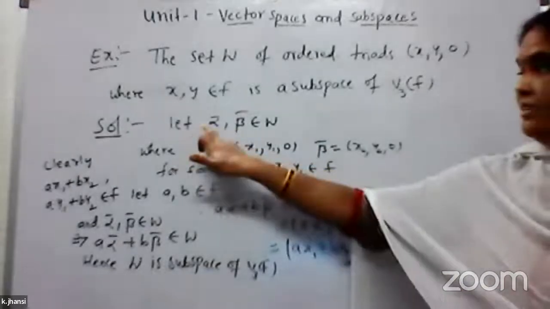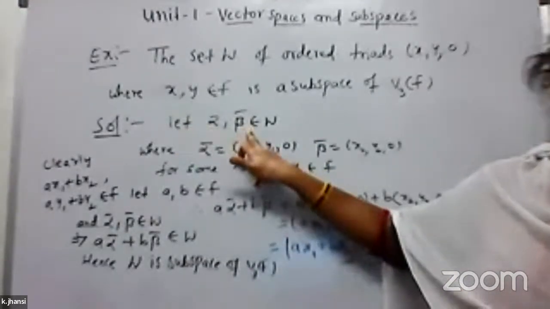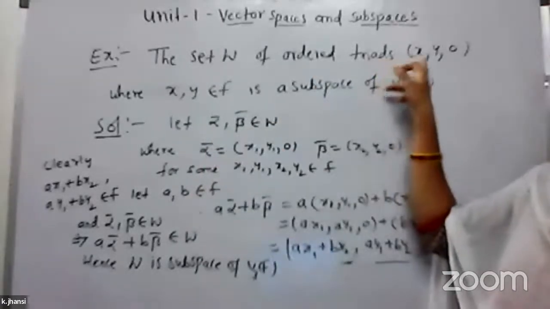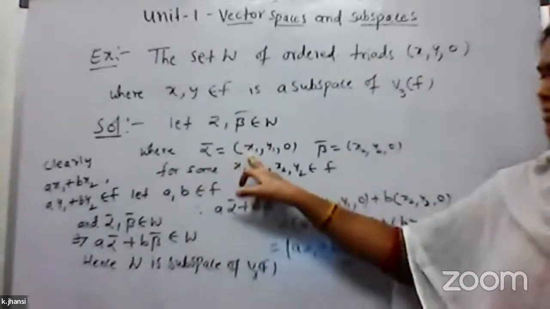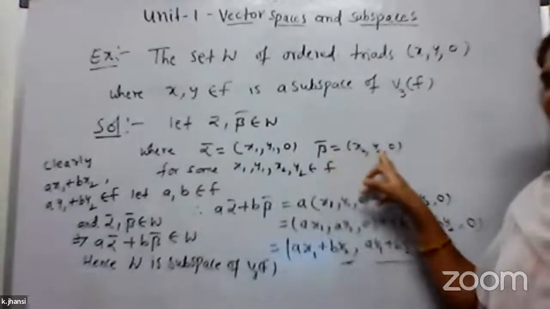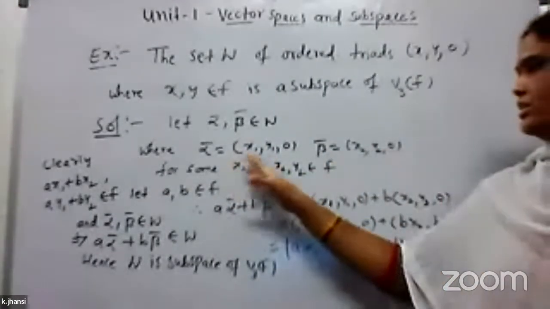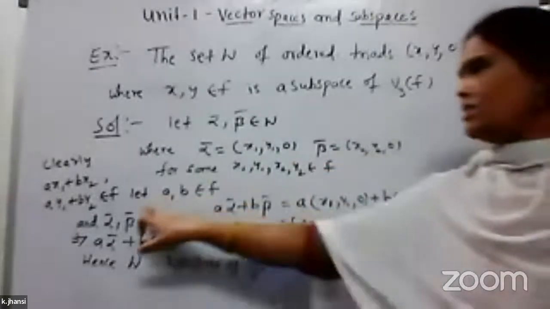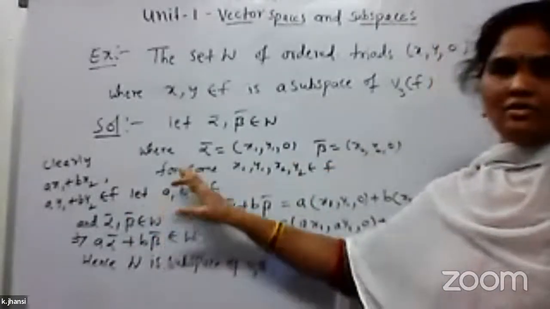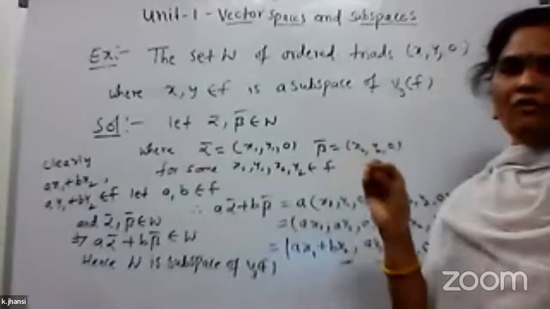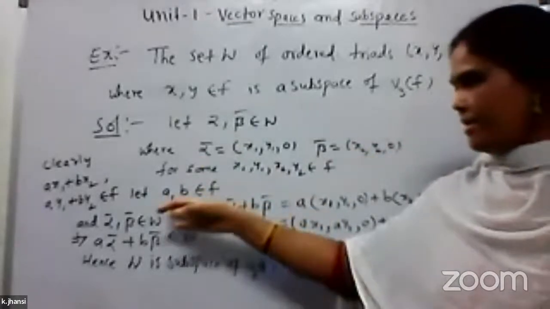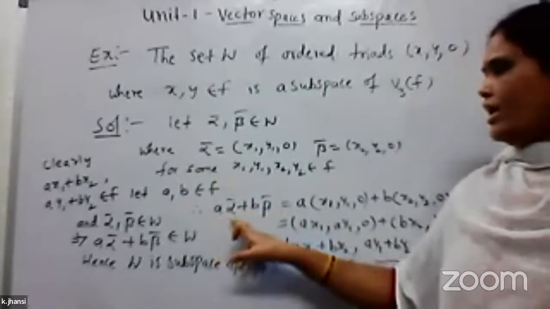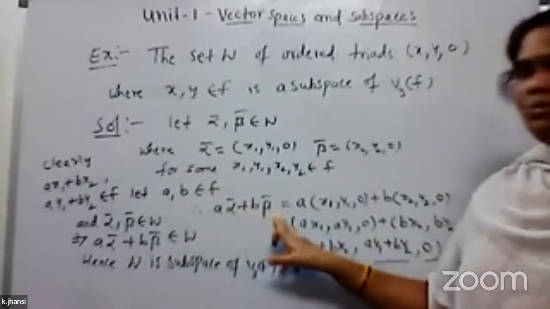For that we select alpha bar and beta bar belonging to W, as given in the question. So you write them in the form x1 y1 0 and x2 y2 0. Inside, whatever the elements are there, they are from the field of scalars. So you are taking the scalars, because the subspace definition is in the form of A alpha bar plus B beta bar, where A comma B belongs to F. So we take A into alpha bar plus B into beta bar.